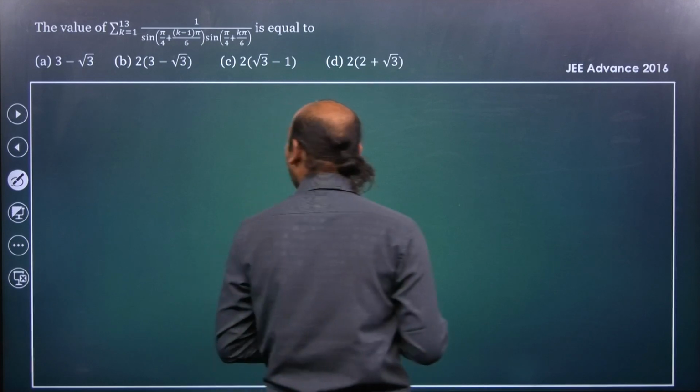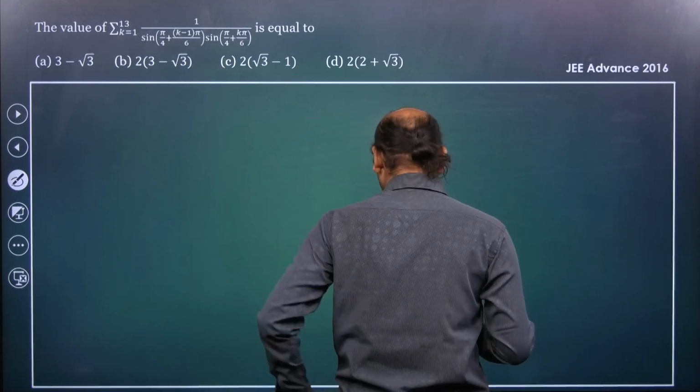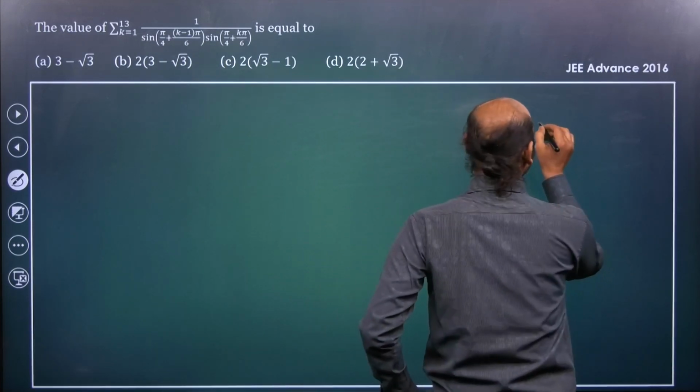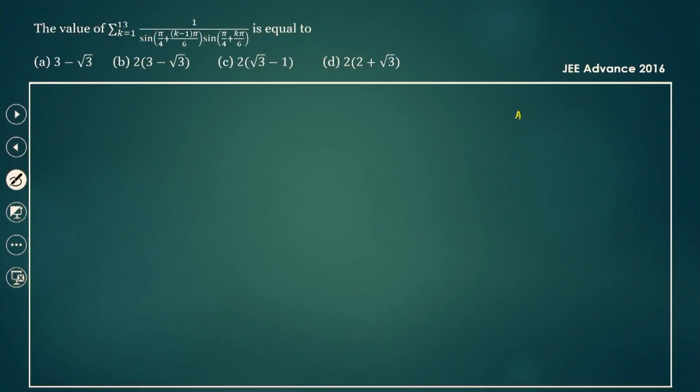Let's go ahead and assume angles first. So here we'll assume that angle A is equal to pi by 4 plus k pi by 6, so that we don't have to write it again and again. That's the only concept. We consider that B is equal to again pi by 4 plus (k minus 1) pi by 6.